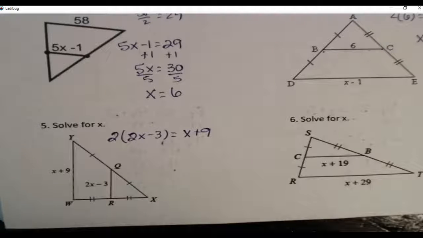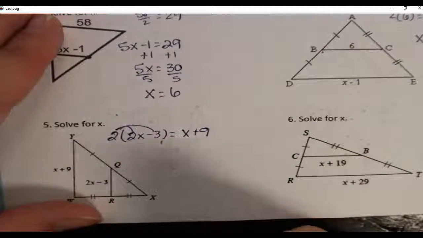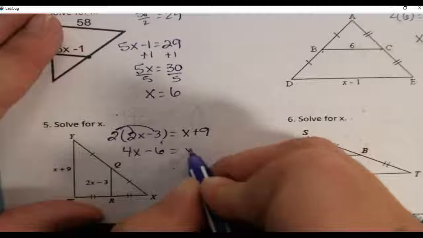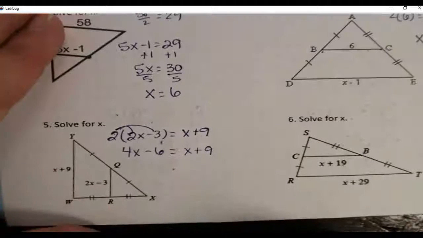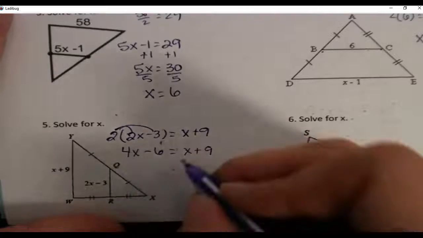So then what do I have to do first in this one? Distribute. Good. So we distribute that 2. So 4x minus 6 equals x plus 9.